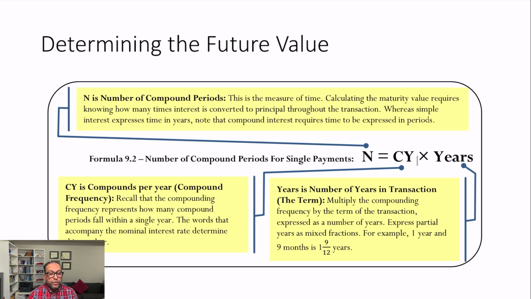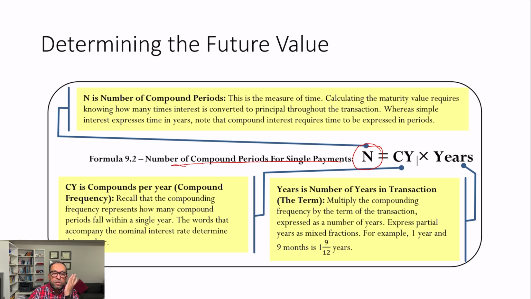It's not difficult. Now, determining the future value. For future value, we need to know how many compounding periods there are. The payment is single, but the number of compounding periods, for which we need the value of n. How many times the amount is going to be compounded.